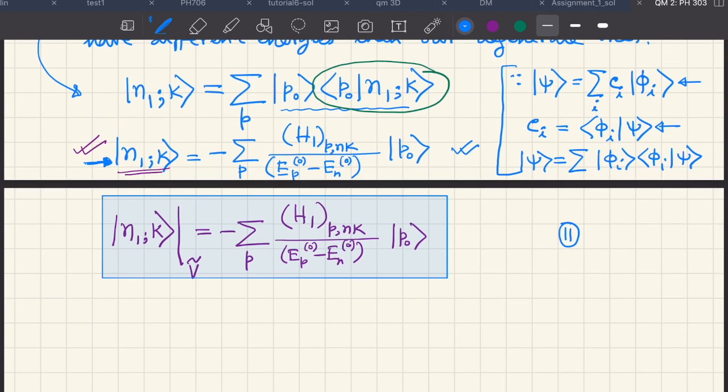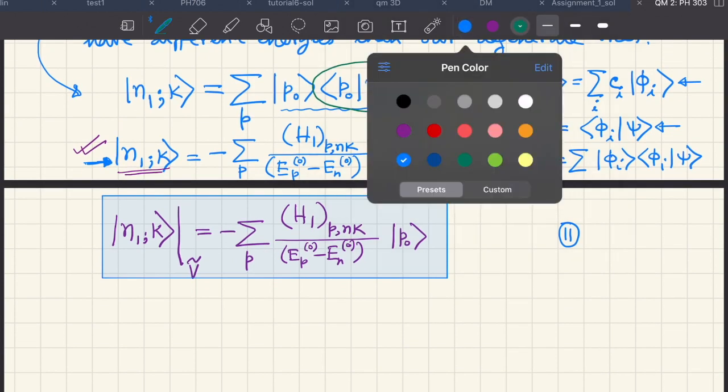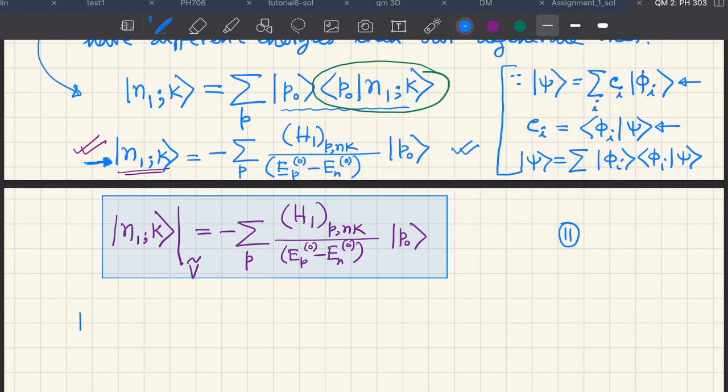Therefore, we can safely write that N1K, the full N1K, as we already know, has a component along V tilde and along Vn. So I should write it as N1K V tilde plus N1K Vn.